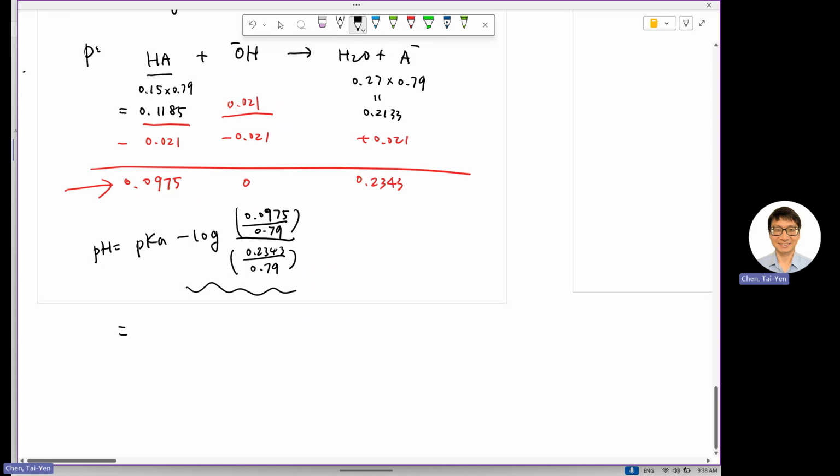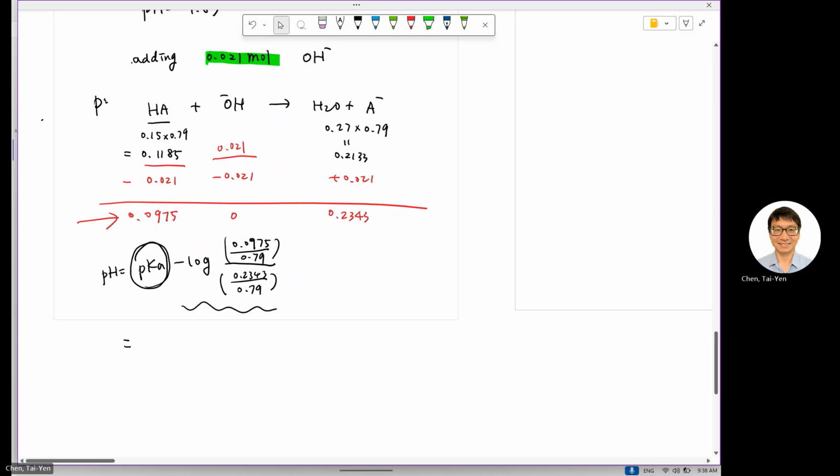This term, of course, you can calculate. Just plug the numbers into your calculator, then you are fine. But do you have your pKa? You don't have pKa, right? So this thing is missing.